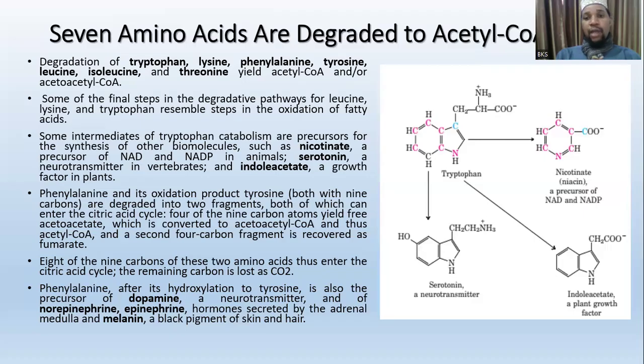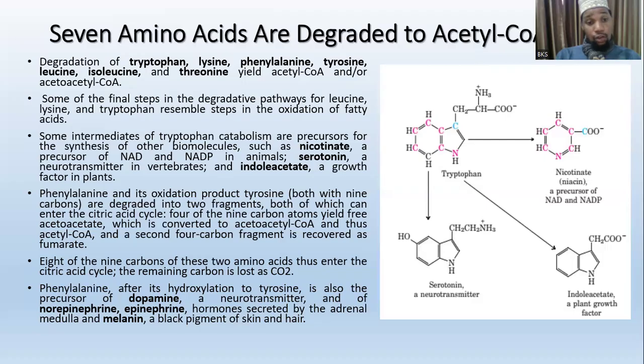So tryptophan can be used to produce this molecule. Tryptophan can also be used to produce another neurotransmitter called serotonin. It can also be used to produce indole acetic acid, which is a plant growth hormone.